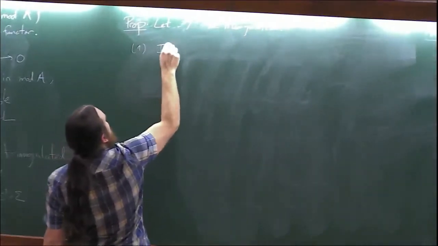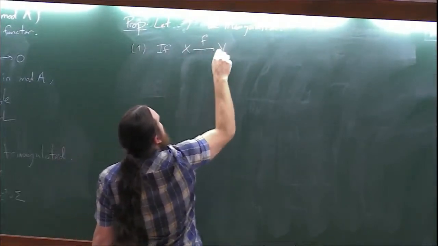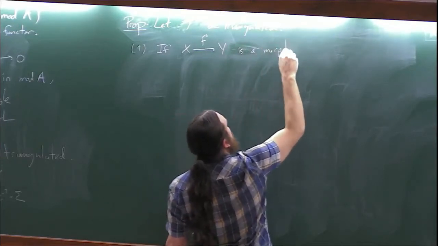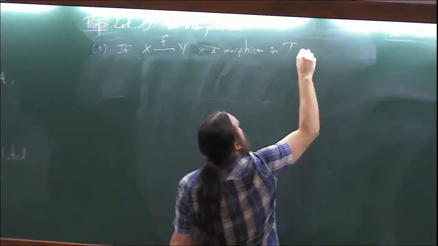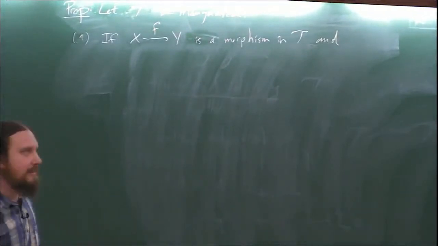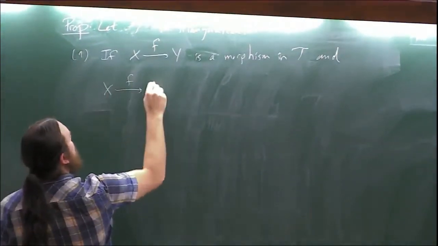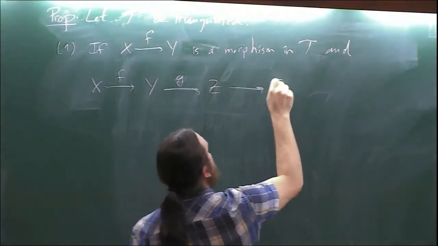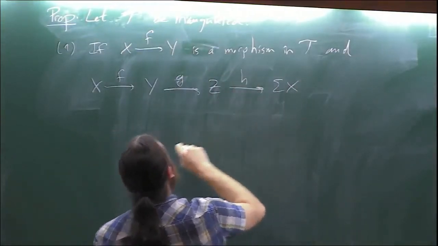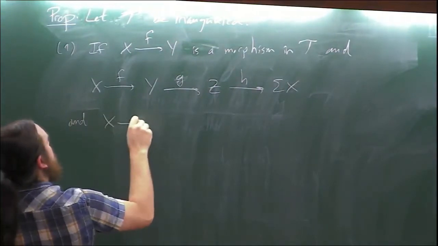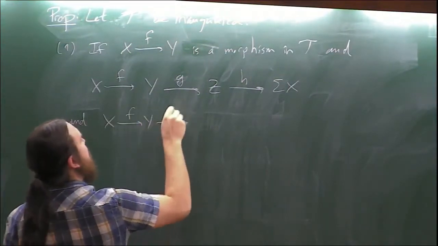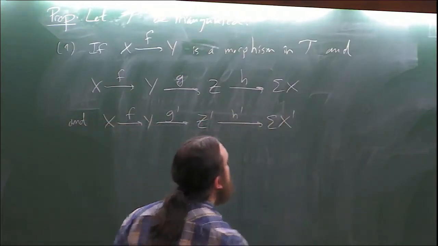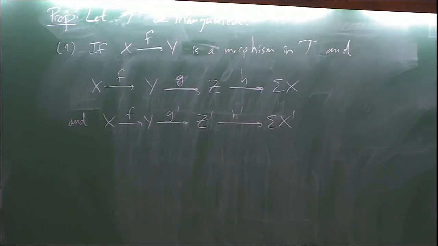If you have a morphism and you complete it into two different triangles, so if you have two triangles that start with the same morphism, then the two triangles are isomorphic.